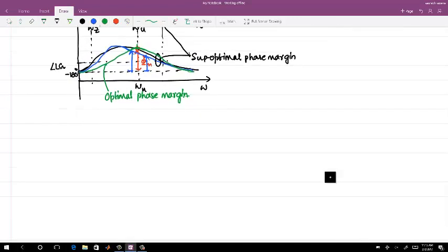Let me just say what should be the condition if I want to get this. So parameters we know. Okay, let's see. Desired parameters are omega u and the phase margin, because phase margin will finally decide your stability of the system, right?